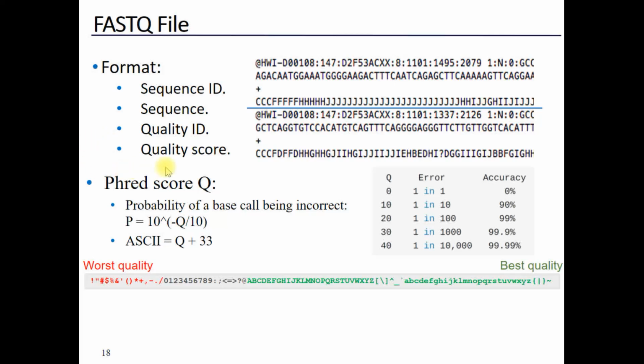And what is a quality score? Quality score is also called the Phred score. It's calculated by this equation: P equals 10 to the power of negative Q divided by 10. So P is the probability that a base is called incorrectly.